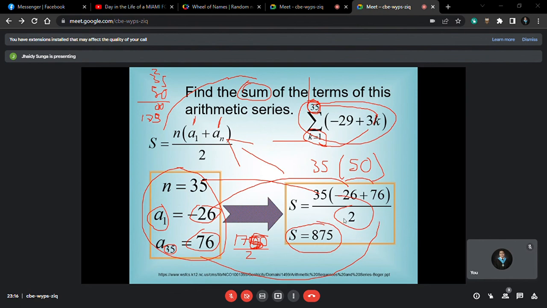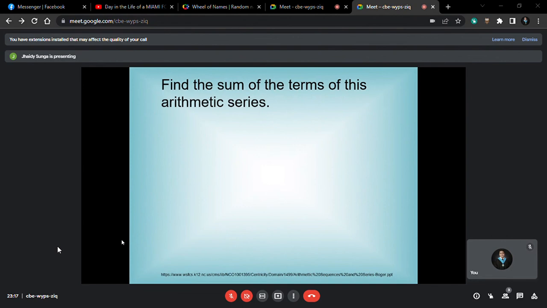Grade 10, for our offline activity, your offline activity would be this one. Activity number 1. Find the sum of the terms of this arithmetic series.